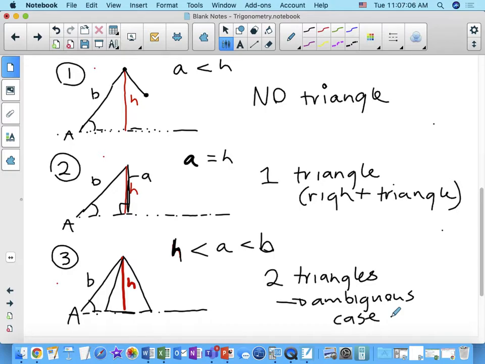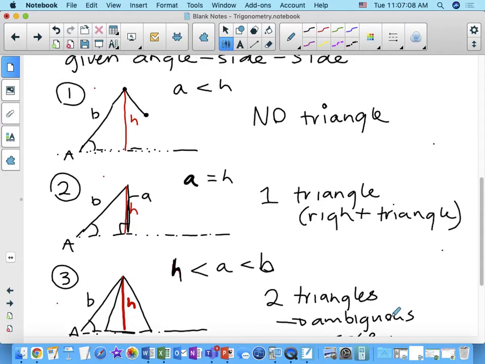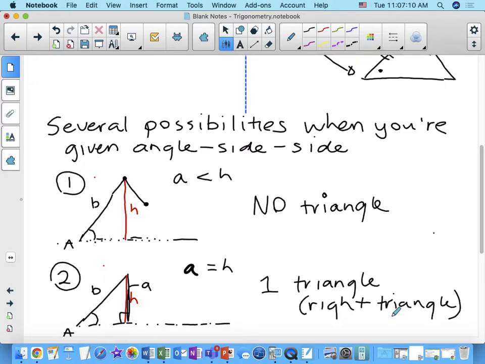So when you're looking at this angle side-side situation, right? Here's our first angle. This is the side next to the angle. And then the next thing would be the side opposite the angle. This side must be less than this side. Does that make sense? Okay.